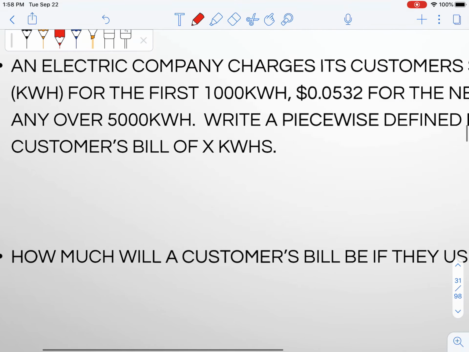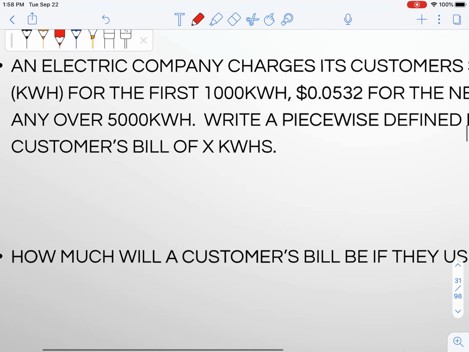All right, my next 4,000 kilowatt hours, so picking up here at 1,000 for the next 4,000, it's going to go from 1,000 strictly less than X up through and including 5,000 kilowatt hours. So this is going to be charged at a rate of 0.0532 times X minus 1,000.